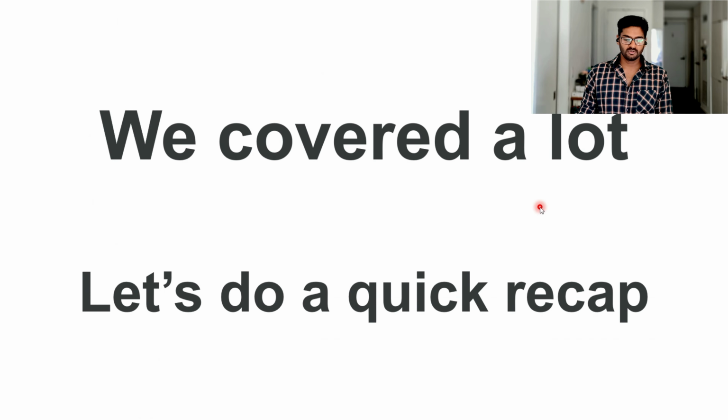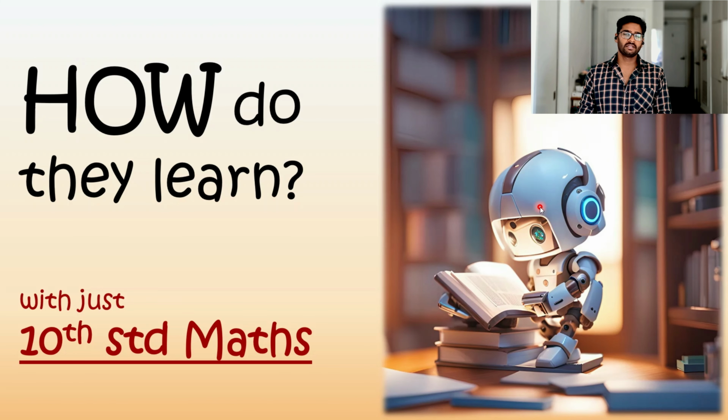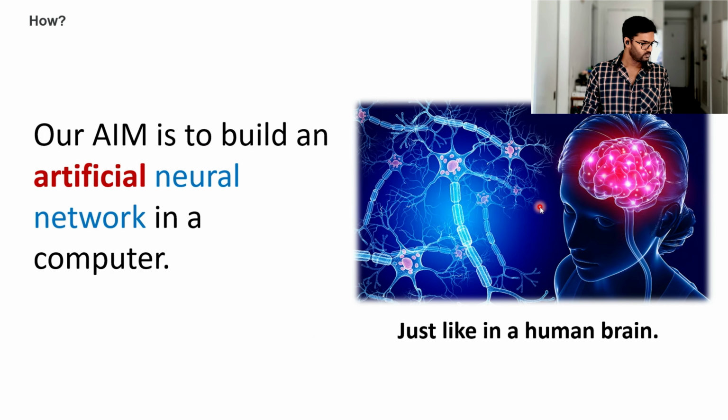We have covered a lot, so let's do a quick recap super quickly. Our target was to understand how a machine learns without using any programming. We wanted to understand the conceptual building blocks of it. To do that, we looked into the human brain, and we wanted to find the fundamental building blocks in the human brain. How do humans learn? We identified that humans learn with the help of neurons, and that is what we wanted to build in a computer.